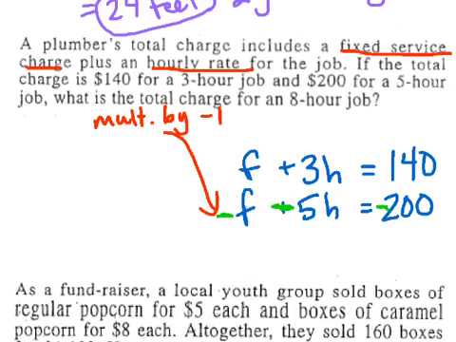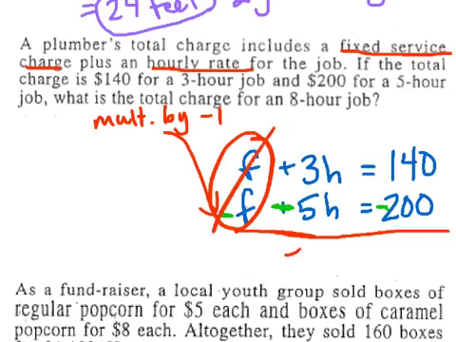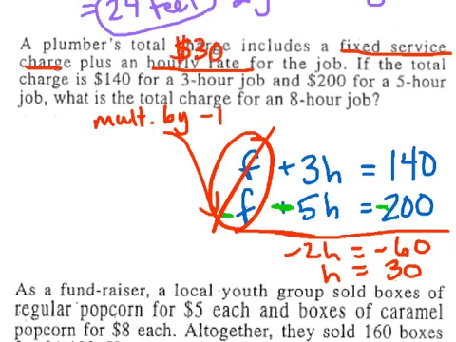And then we're going to go ahead and eliminate. So here this eliminates, and we've got -2h equals -60. So h equals 30. So that means we've got a $30 hourly fee.